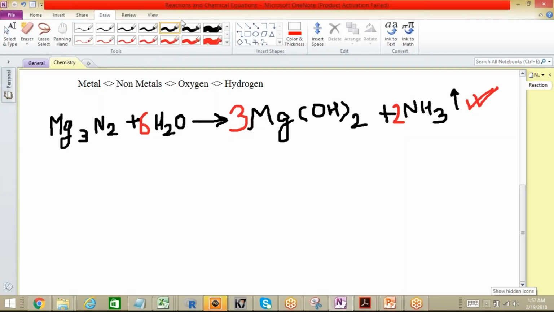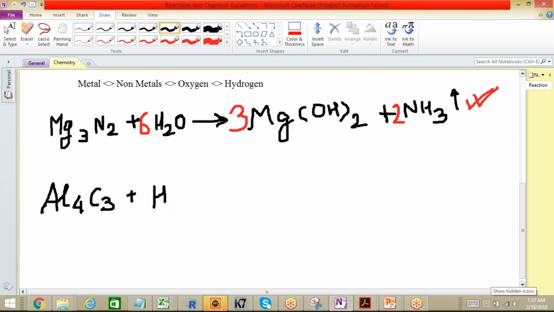Okay, so let's talk about aluminum carbide, that is Al4C3, plus we have water. Let's say I'm going to make a reaction of this Al4C3 with water. Fine.